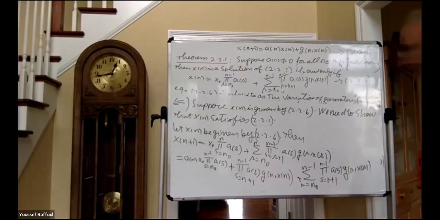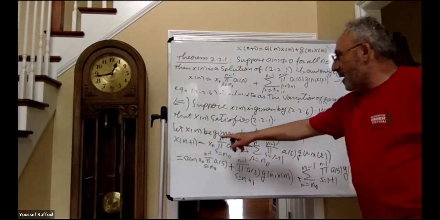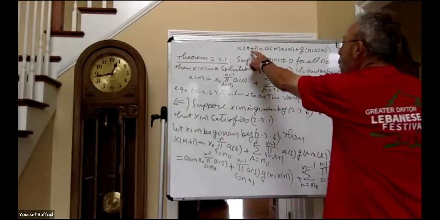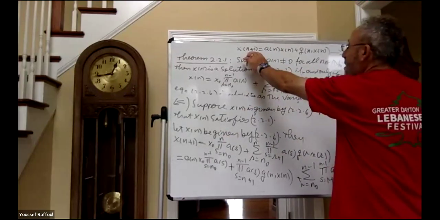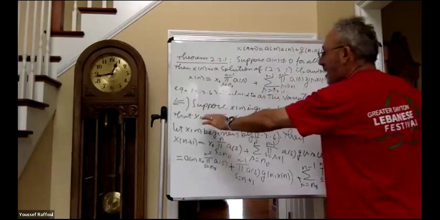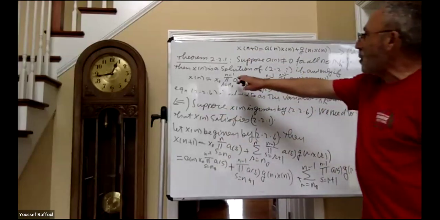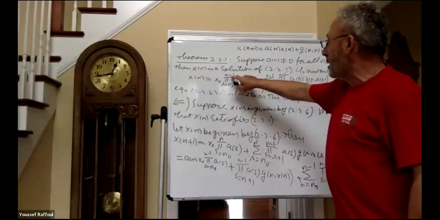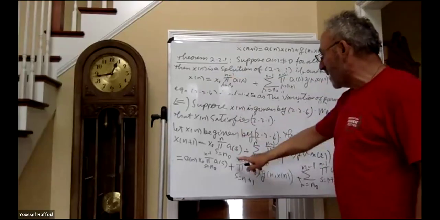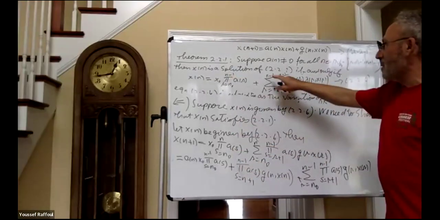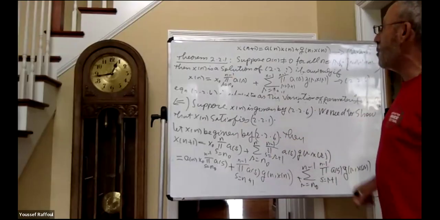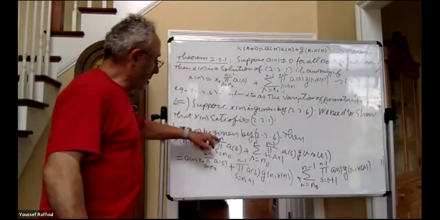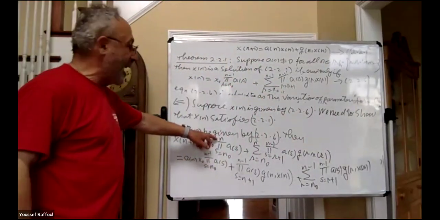So what did I do again? I assumed x_n is given by this. Then I wanted to show it satisfied this. So the first thing I did is evaluate x_n at n plus 1. That means everywhere I saw n, I replaced it by n plus 1. So this becomes x_(n+1), and n plus 1 minus 1 becomes n. Now, you see my solution, I evaluated the product and the sum at the highest point, n.